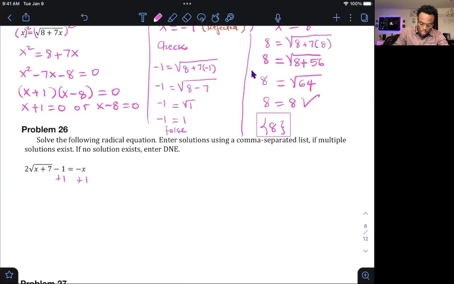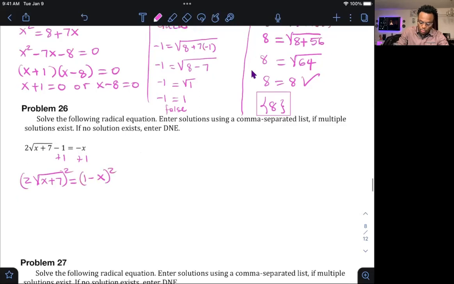And then we can keep this square root of x plus 7. If you want to divide by 2, feel free to do it, but you're going to have to undo the denominator again. So that's why I'm going to keep it on this side. And then raise both sides to the power 2, so you can cancel the radical.